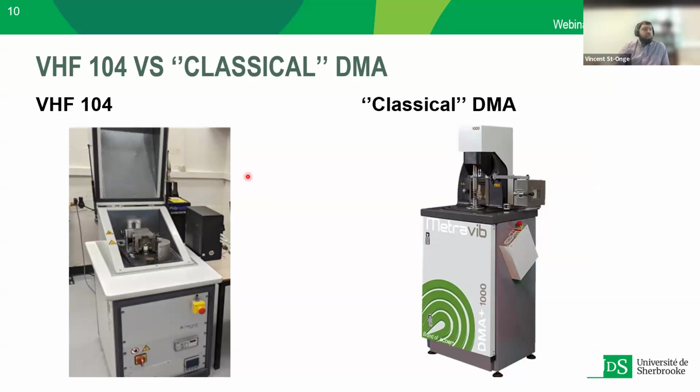In terms of comparing the VHF 10.4 to a classical DMA, in terms of space it takes in the lab, if you compare to the high forces DMA that were presented a bit earlier by Aria, it takes about the same lab space as the classical DMA would.